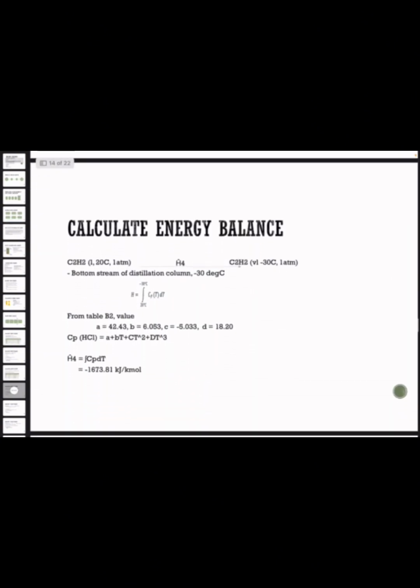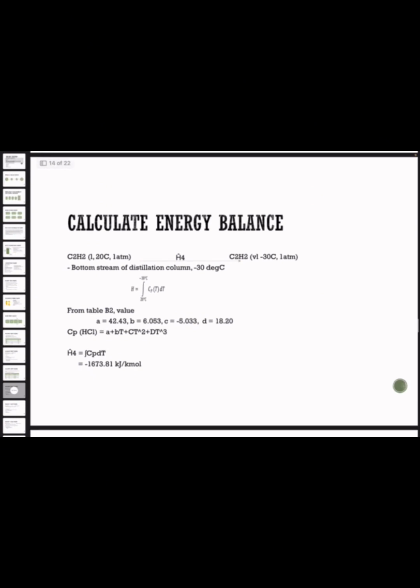For H4, this one is in liquid phase, that means the bottom stream. For C2H2, the bottom stream outlet is minus 30 degrees C. So I take the Cp value from Table B2 and then use integration to solve and get the enthalpy value.